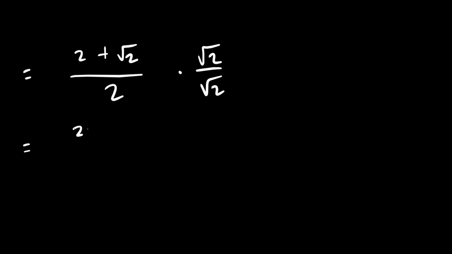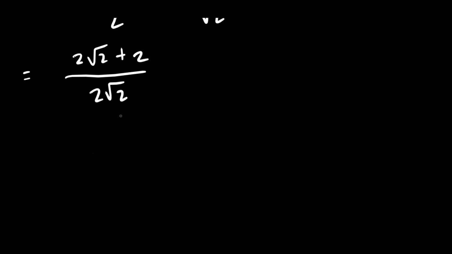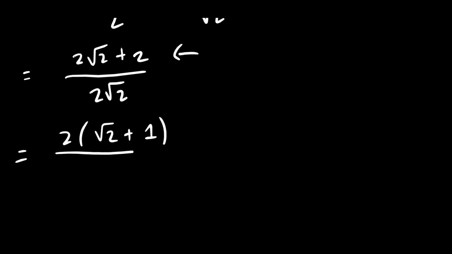So distribute 2 square root of 2 plus square root of 2 multiplied by square root of 2 is just equal to 2, all over 2 square root of 2. Right? So we'll factor out 2 in the numerator. So 2 multiplied by square root of 2 plus 1, all over 2 square root of 2.